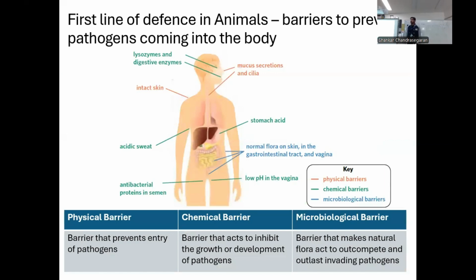There's a chemical barrier, which is making sure that the pathogen cannot develop or grow, or better yet, it makes sure to kill the pathogen itself. And then there's a microbiological barrier, which is making sure that the pathogen can't get a foothold on your body, by having the natural flora on your body outcompete and outlast the invading pathogen.